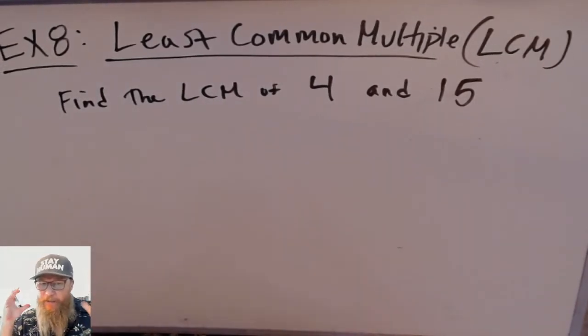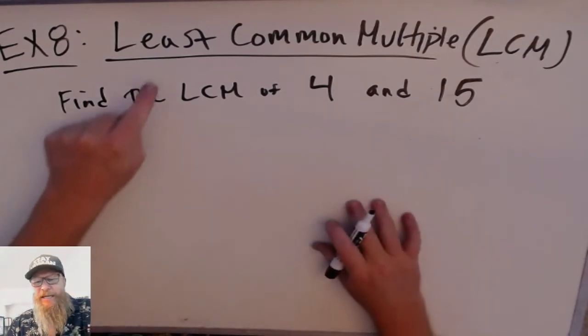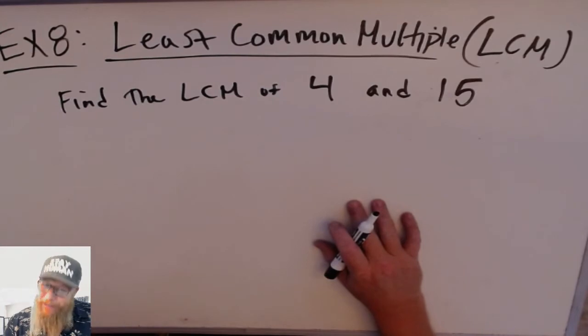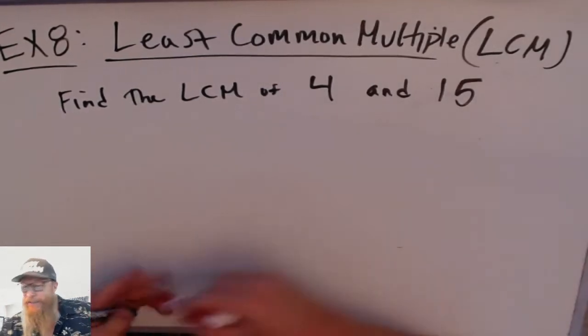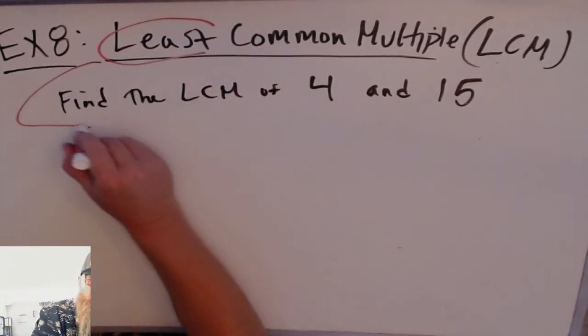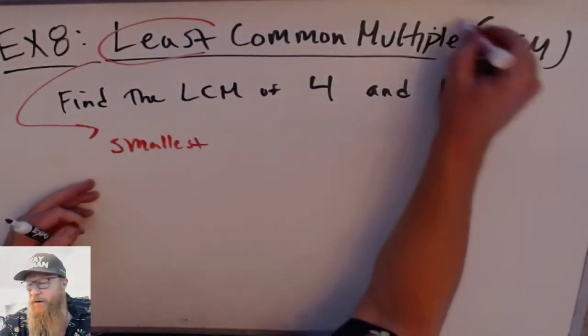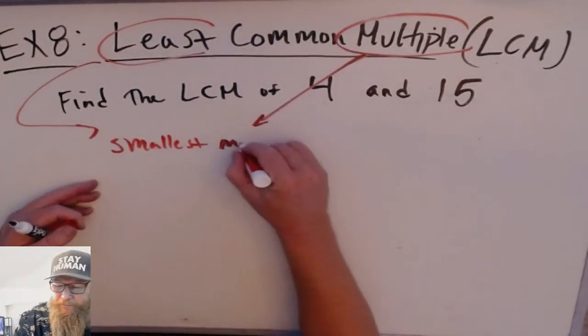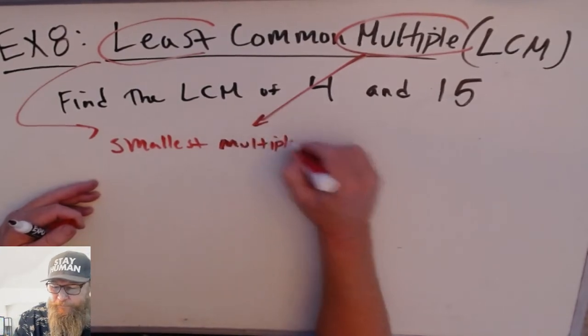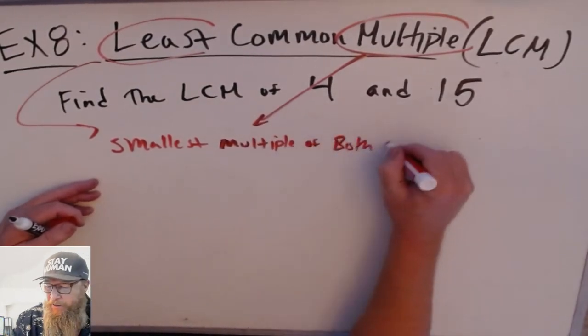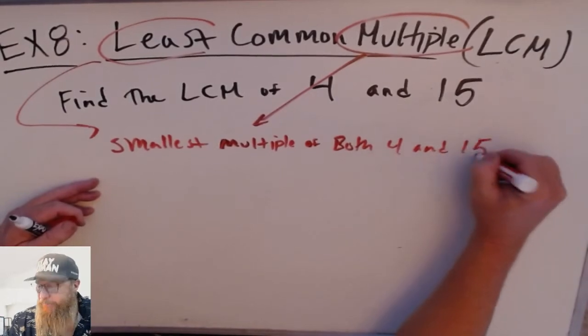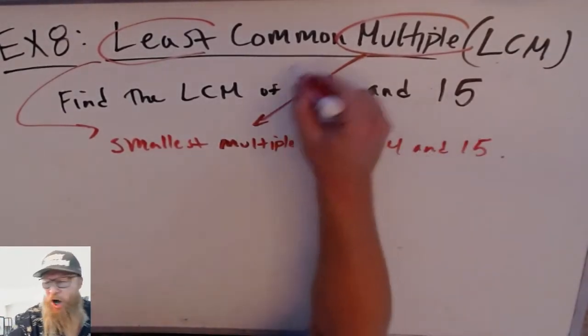There's a couple ways to think about it. First thing I want to mention is the word least is a little bit misleading. It does mean the smallest, so what it means is the smallest multiple of both 4 and 15. That's the common part.